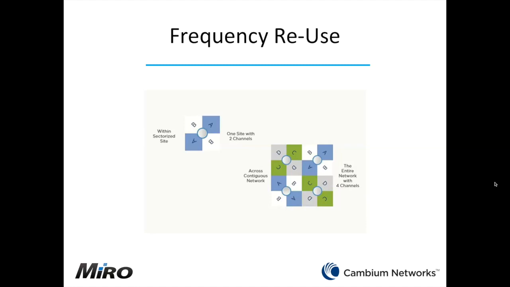On the right here, we've got a slightly more advanced setup where we've got AB on one set of radios and then CD on a second set, meaning that where they do overlap or come close to each other, they are completely different frequencies. But where possible, we set up these radios in a back-to-back setup so that they can use exactly the same frequency and save your available spectrum.